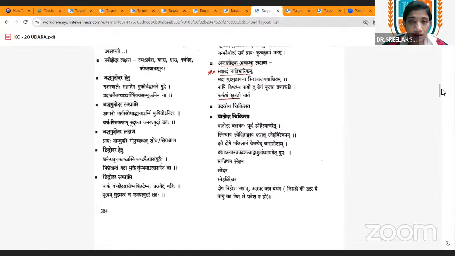In which part? Vamahasta, in the Kurpara Abhyantara. Mainly we can do this Siraveda on Vamahasta. So in Plihodara, it can be done in Vamahasta. But in Yakrudodara, this Siraveda can be done in the right hand, Dakshinahasta.